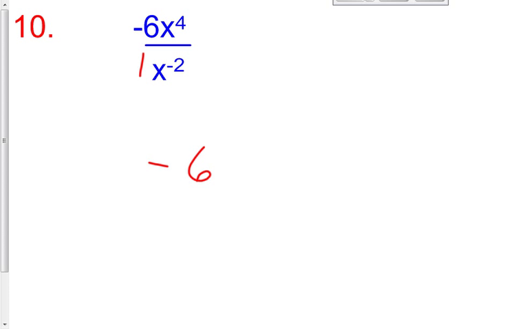And now we have x to the 4th divided by x raised to the negative second. Once again, I would move this to the numerator to make it x raised to the positive second. Now you have common bases of x and x, so we're going to add their exponents, 4 plus 2, making it negative 6, x raised to the 6th. And this is our answer here.